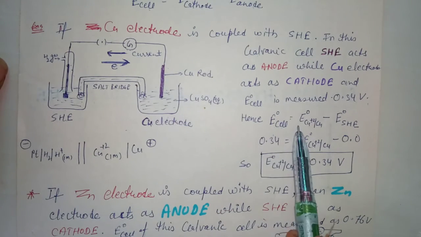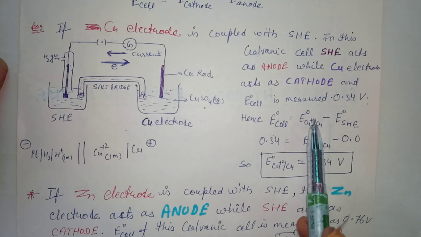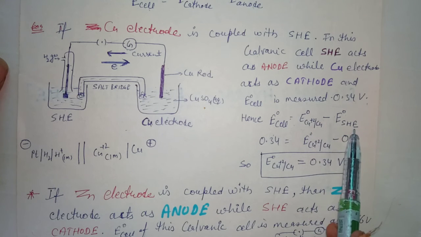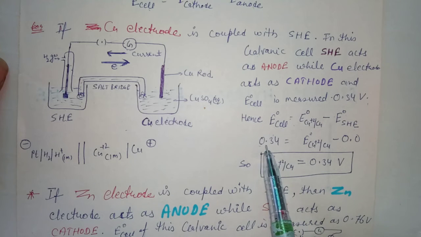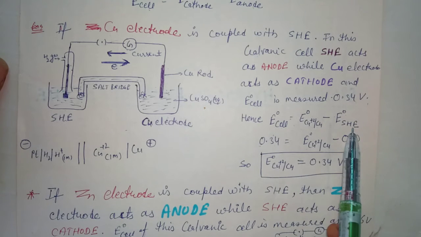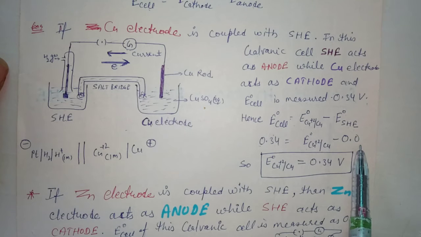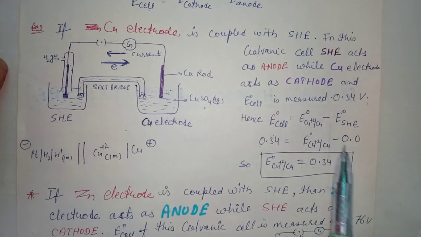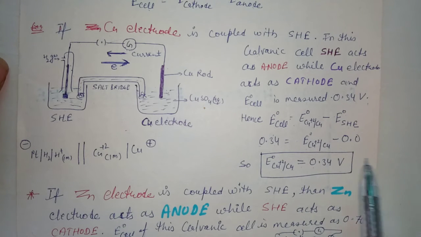So E naught cell is equal to E naught Cu2+/Cu, reduction is shown here, minus E naught SHE. E cell is 0.34 volt. E naught Cu2+/Cu is to be measured. E naught SHE is assumed as 0.0. So the E naught Cu2+/Cu is equal to 0.34 volt. Thus we can determine the electrode potential of any unknown electrode.